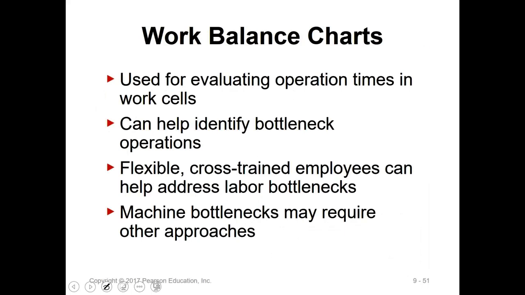We use this work balance chart to evaluate the operation times in a work cell, and to help us identify the bottleneck. Bottleneck is what? It is the longest time in the whole process. In the operations, if you see 50, you see 10, you see 40, obviously 50 is the bottleneck.